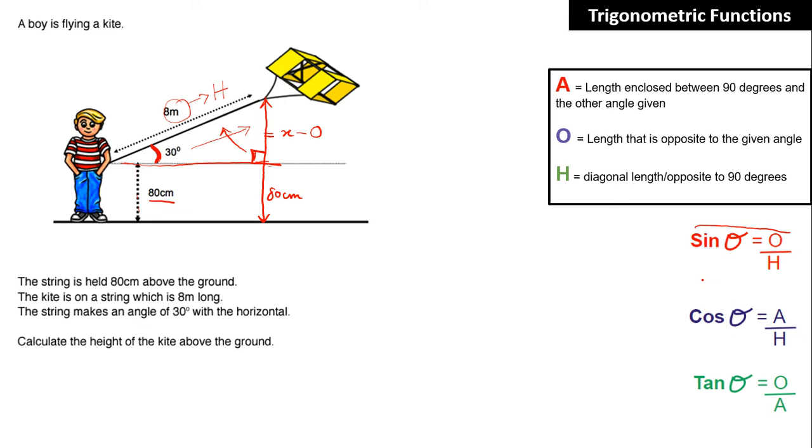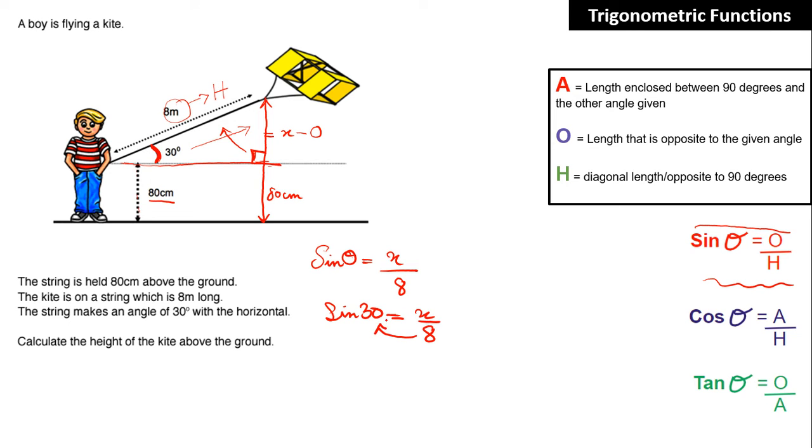So it's sine theta. So I'm going to just write down the information that I have. So sine theta equals the opposite, which is x, over the hypotenuse, which is the 8. And my theta, I have it there. So sine 30 equals x upon 8.